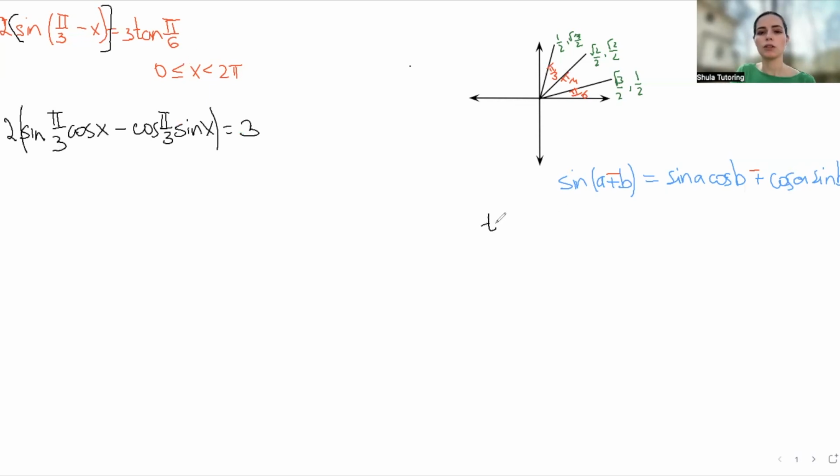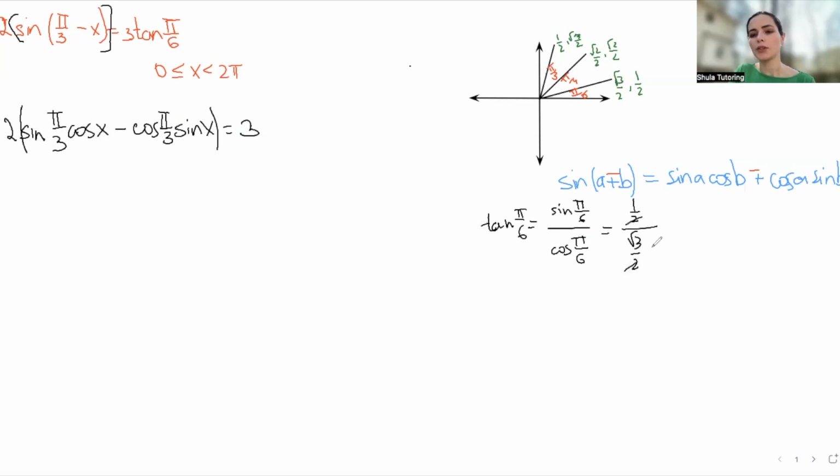Because tangent of pi over 6 would equal sine pi over 6 over cosine pi over 6. So pi over 6 is the 30-degree angle. So at 30 degrees, the sine is 1/2 and cosine is square root of 3 over 2.